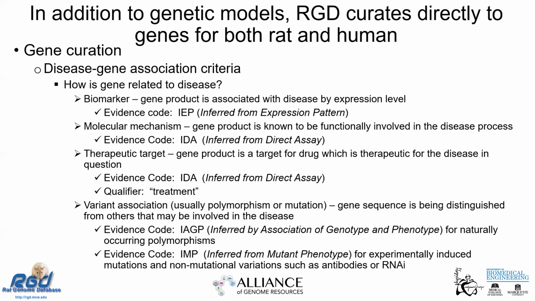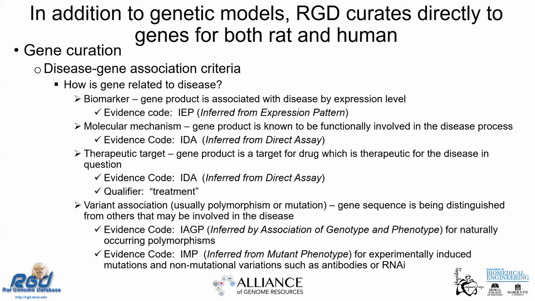For genes, we also look at biomarkers for diseases. So if the gene product is associated with the disease by expression level, we will give it an evidence code of inferred from expression pattern. And it doesn't say anything about causality, but it might be a pointer towards something that might be interesting.